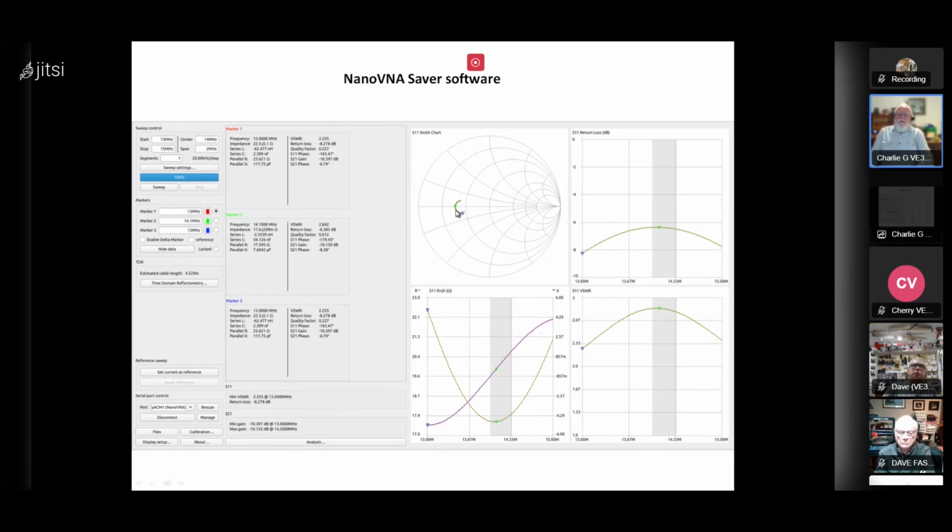And lo and behold, this green marker sitting here on the line shows that I'm pretty much purely resistive at 14.1 megahertz. In fact, if I go and look at the values, I'm resistively speaking 17.6 ohms and 209 milliohms reactive, minus j209, so just ever so slightly capacitive, a tiny amount.